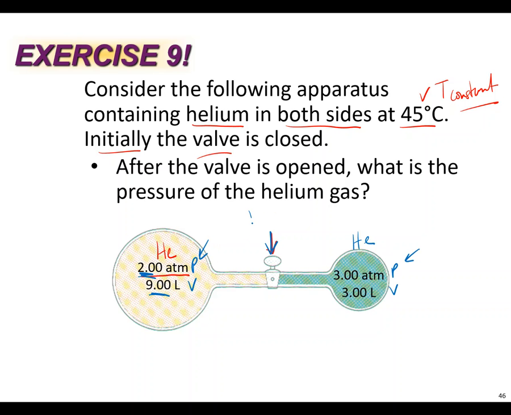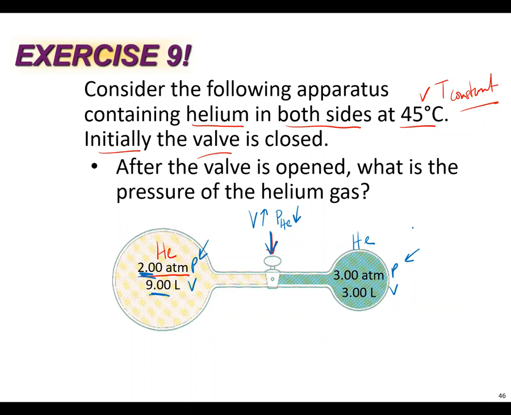When I make the volume get bigger, what's going to happen to my partial pressures of my helium? They're going to decrease, exactly. So before I can get to calculating the total pressure, I have to figure out their new partial pressures once I've opened the valve.